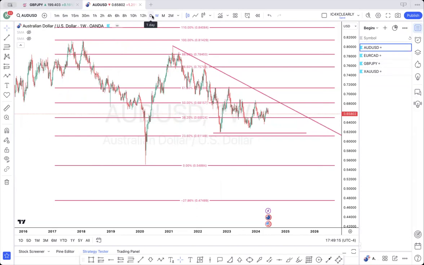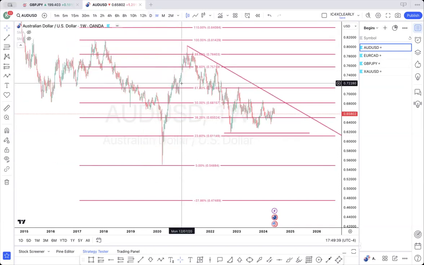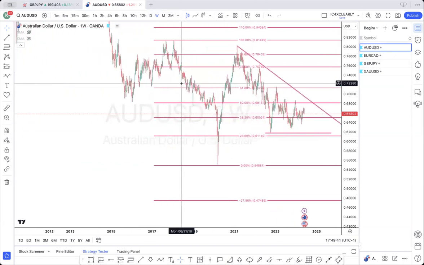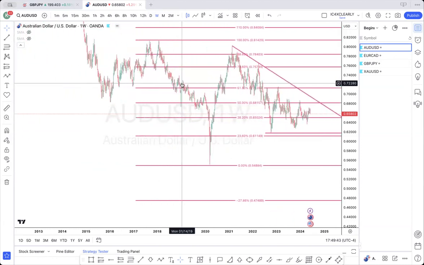If you mark up the 4-hour, you'll include all the 1-hour, the 30-minute, the 15, and the 5 as part of the key level. I normally mark my key levels up on the daily, but if you want to mark them up on the weekly, that is fine as well.